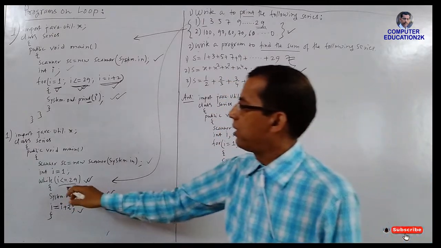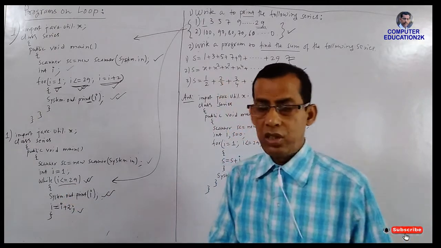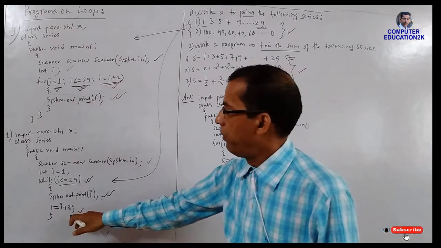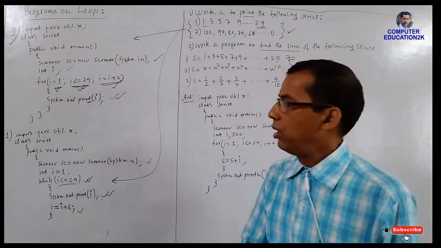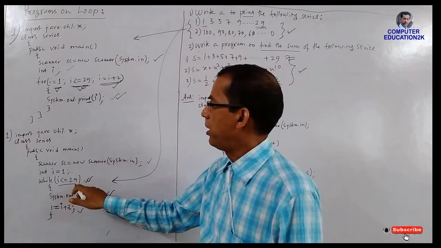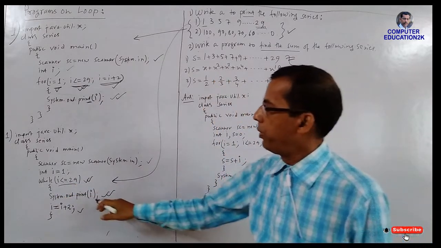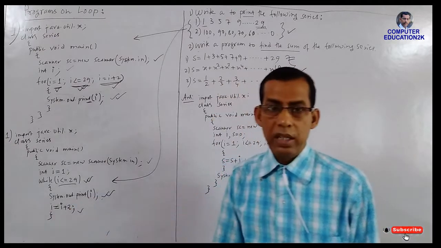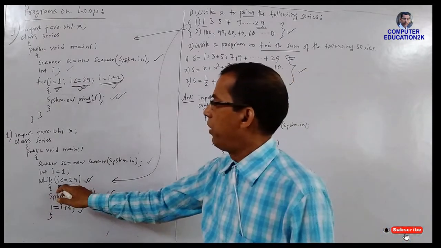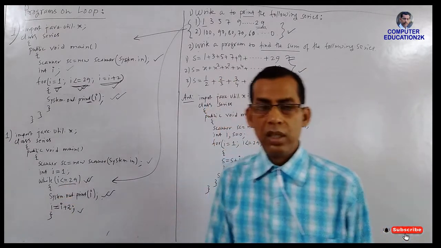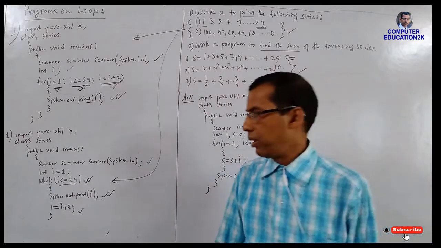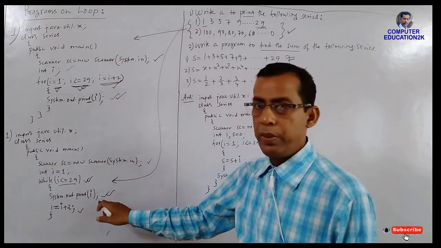Yes, 1 is less than 29. So first I have checked, and then I have printed, and then the value of i will become 3. Then 3 is less than 29, yes, the condition is true, 3 will be printed. Then i will become 5, then I check 5 is less than or equal to 29, yes, the condition is true, 5 will be printed.